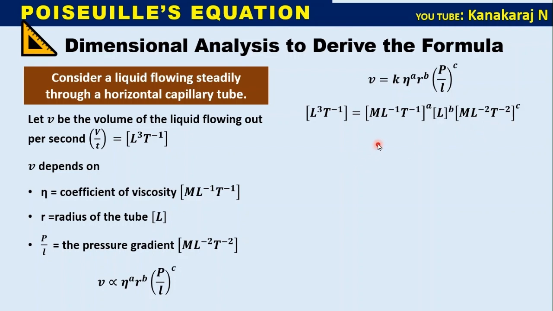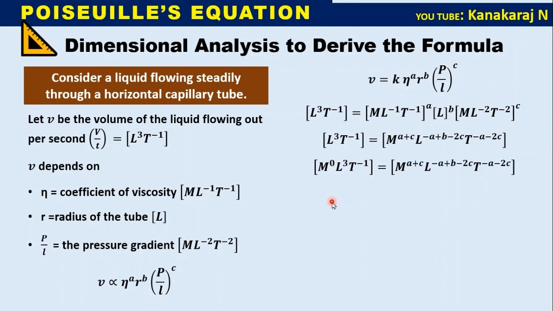Now, let us bring all M terms together, L terms together and T terms together. So we get M power A plus C, L power minus A plus B minus 2C, T power minus A minus 2C. Let us bring the M power 0 on the left hand side.